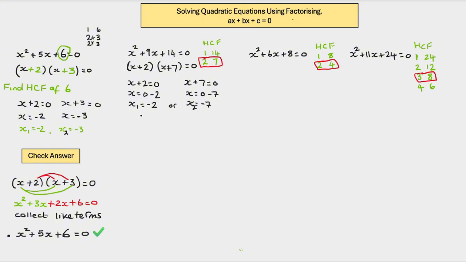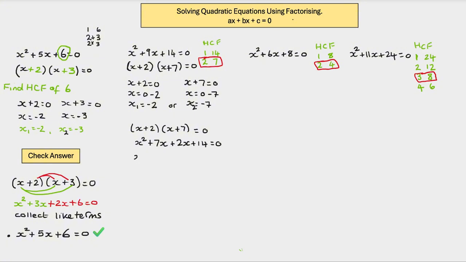But as I said, we're going to check our answer and we're going to put it all back into the brackets again. We're going to expand. x times x is x squared. x times 7 is plus 7x. 2 times x is plus 2x. 2 times 7 is 14 equals 0.